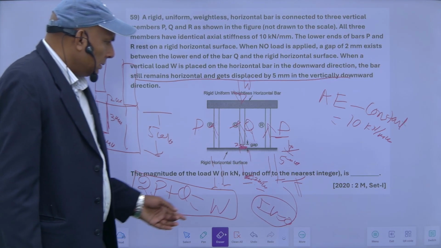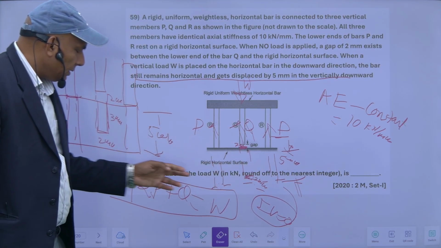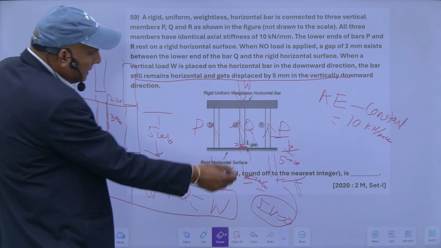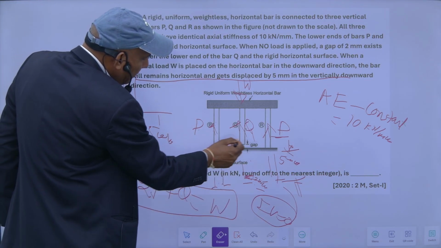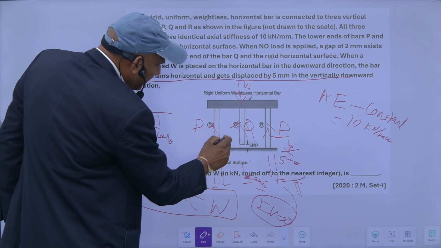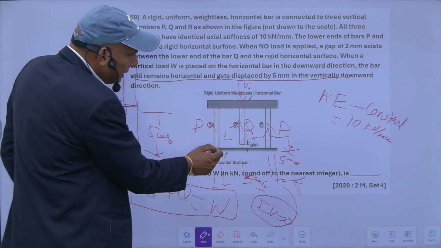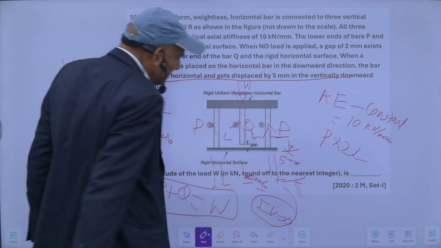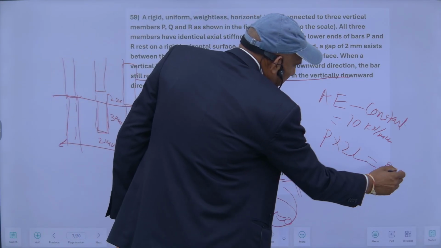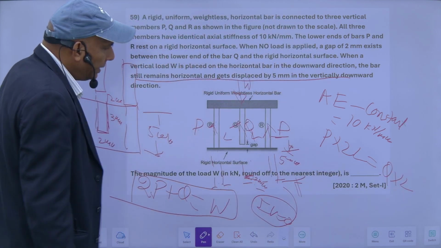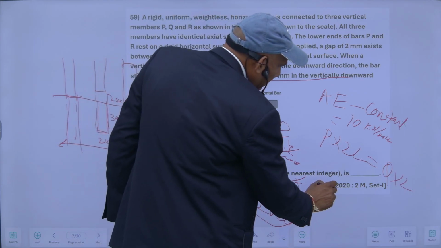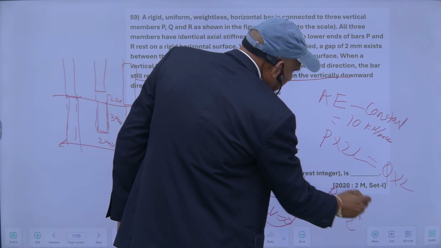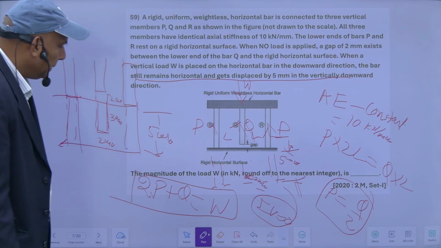Anyway, magnitude of the load W in kilonewton, round off to the nearest integer. Since this is centrally placed here, if this is L, this will be L. So if I take moment about this one, it will be P into 2L is equal to Q into L. So it means P is equal to Q by 2.